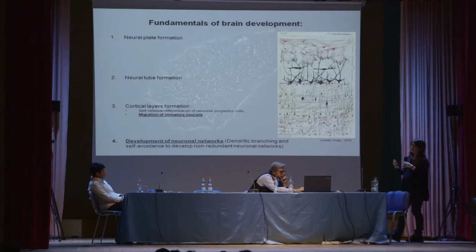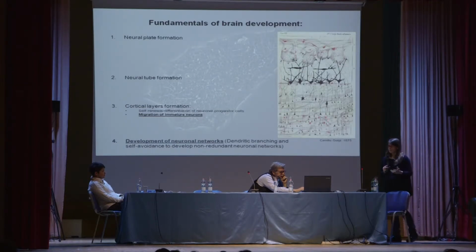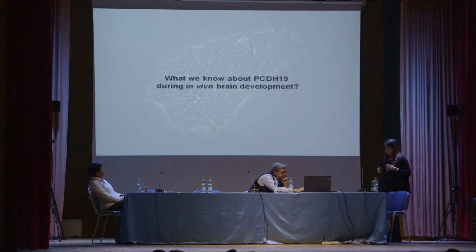Camillo Golgi already in 1875 had tried to understand this, and this is the layer of the neuroectoderm, but this is a structure which is not yet clearly understood. Our effort is to reproduce, in a simplified system, i.e. in vitro, starting from the iPS, the different stages.